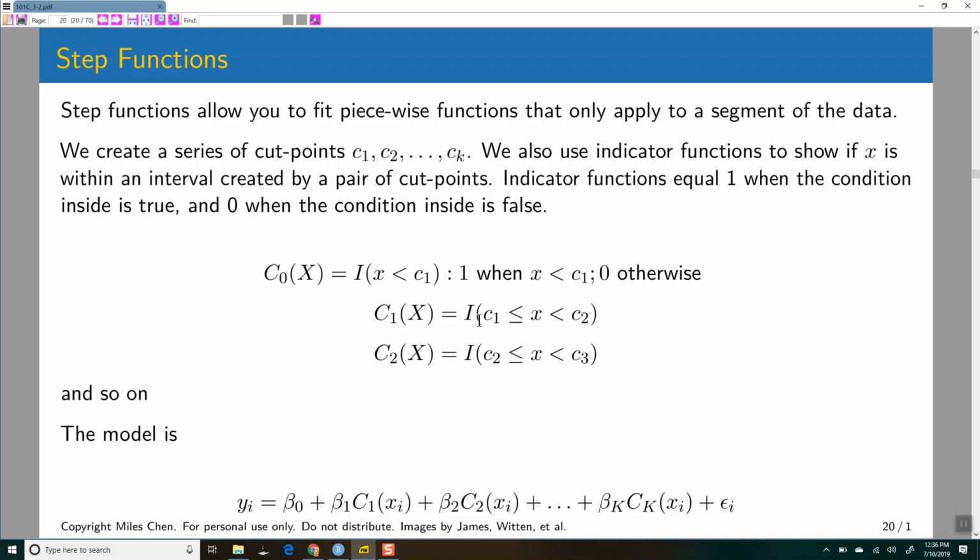And you get C1 if x is between cut point 1 and cut point 2, and then you have C2 is true when x is between cut point 2 and cut point 3, okay? And the model is beta 0 plus beta 1 times C1 plus beta 2 times C2 plus and so on, up to the kth cut region, okay?